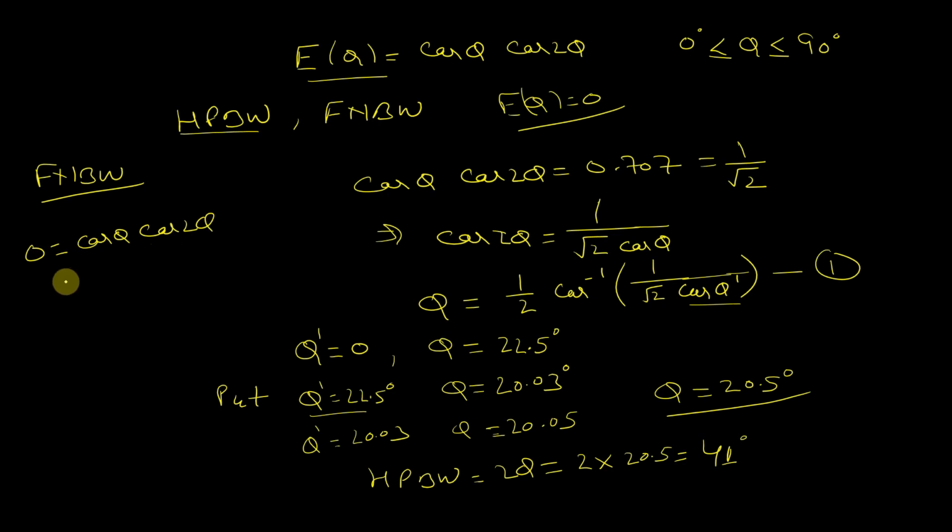So it implies that theta is equal to 45 degree. So the first null beam width will be equal to 2 into 45, that is 90 degree. So this is how we can find out the first null beam width and half power beam width.